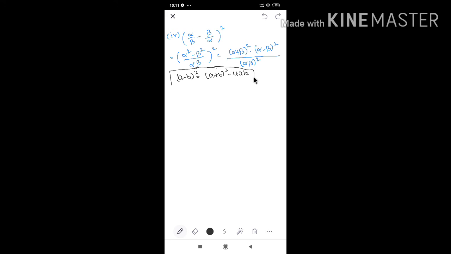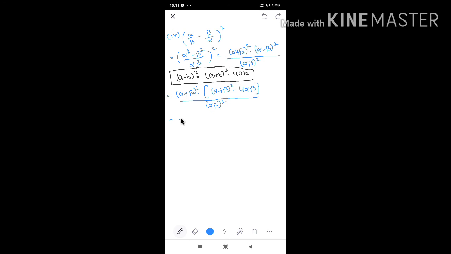So here alpha minus beta whole square is there. I need to replace in terms of alpha and beta: alpha plus beta whole square into, instead of this I am writing alpha plus beta whole square minus 4 alpha beta, by denominator alpha beta whole square.